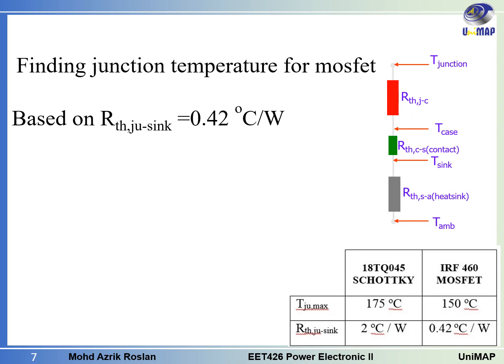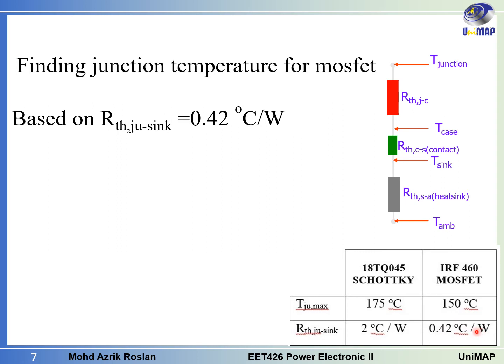Now the remaining one that we have to do is find the junction temperature for the Mosfet. The information that we have is the RTH junction to sink for the Mosfet is 0.42 degrees C per watt.